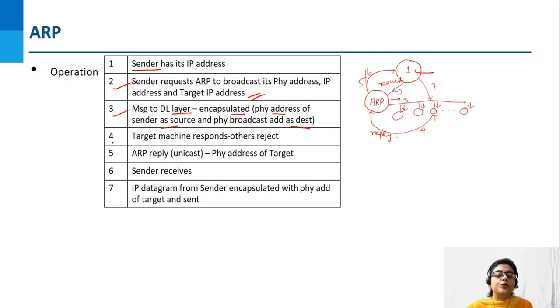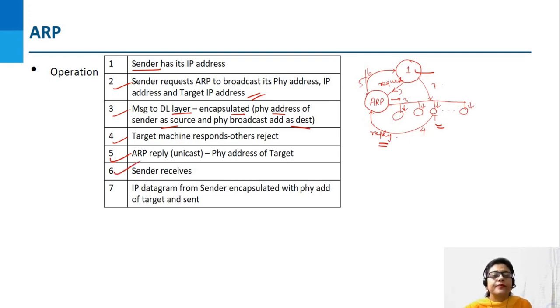Then we go to step 4. The target machine responds. If this is the target machine, it responds and the others reject it. Then number 5, the ARP reply, which is a unicast type of message. It is given by the target address, replying with the physical address of the target.